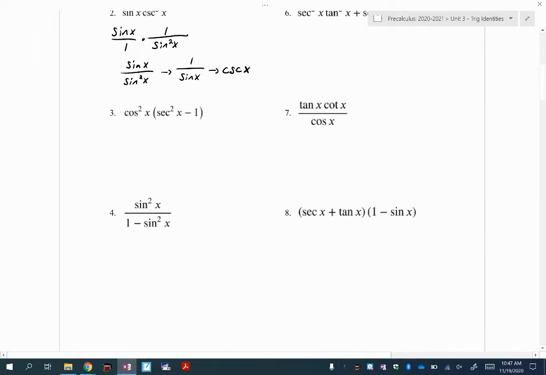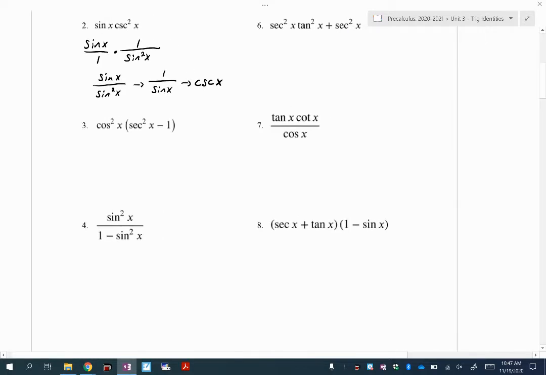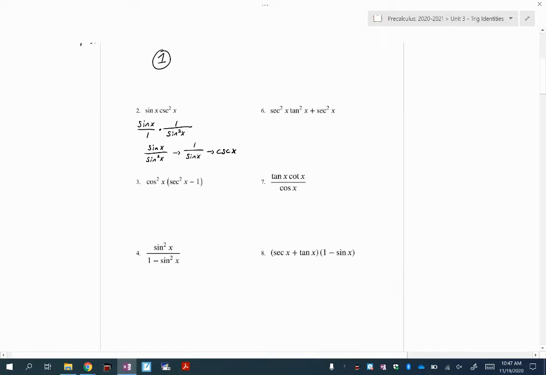Now, number 3, when I look at this one, I have cosine squared x times secant squared x minus 1. Okay, so I'm going to take that secant squared and put that as 1 over cosine squared x. So, actually, you know what I think I'm going to do?